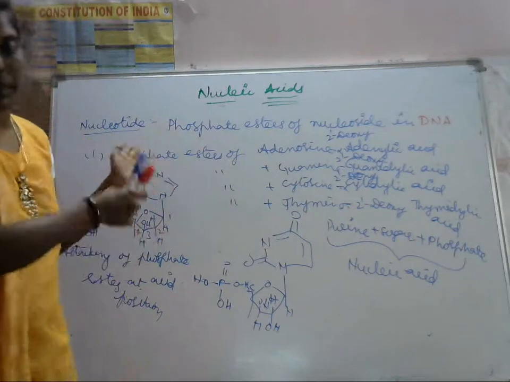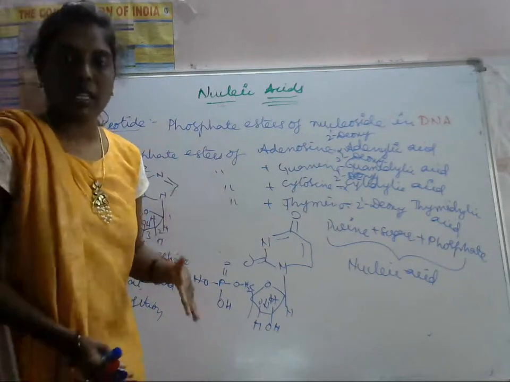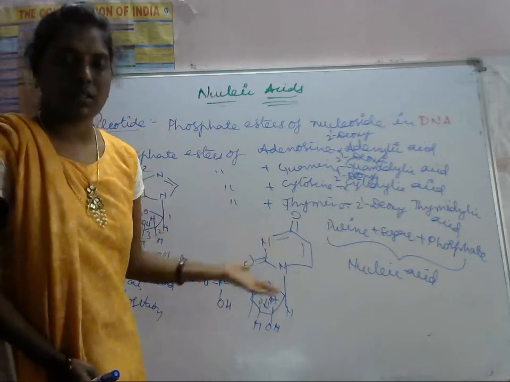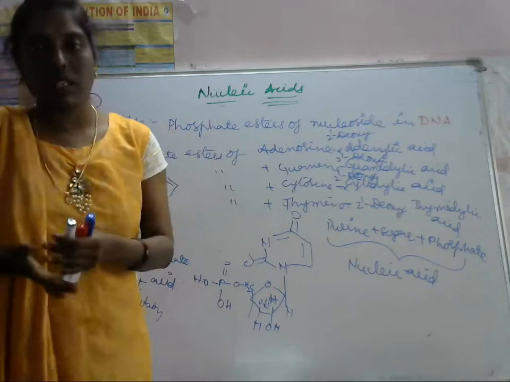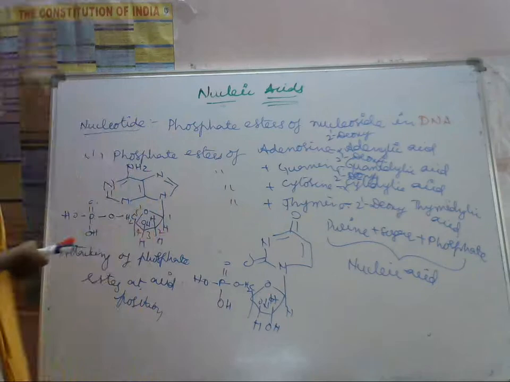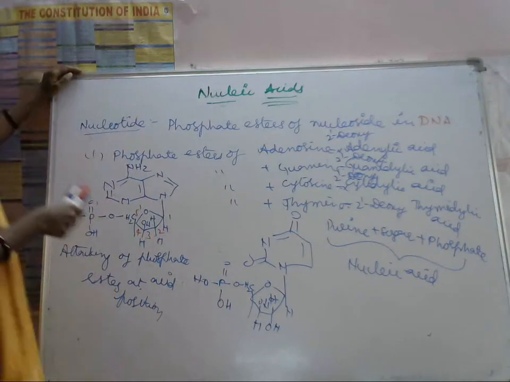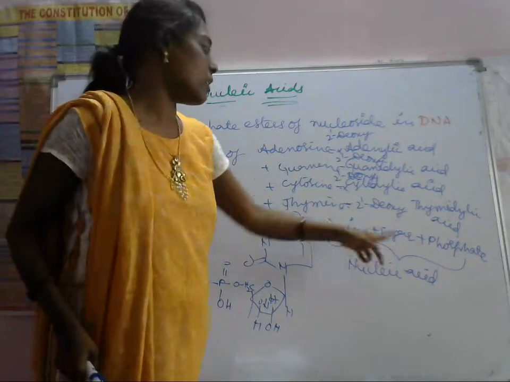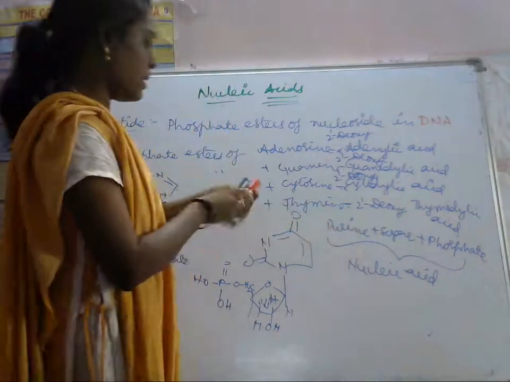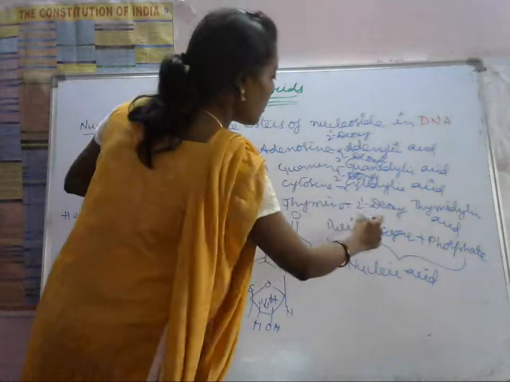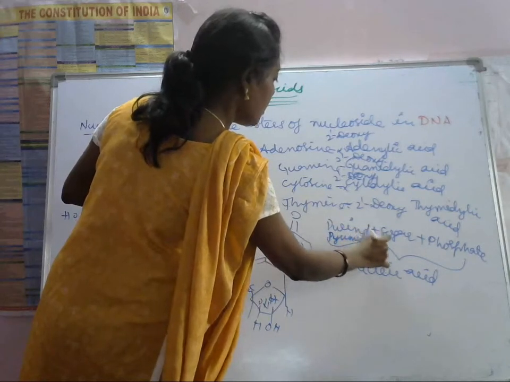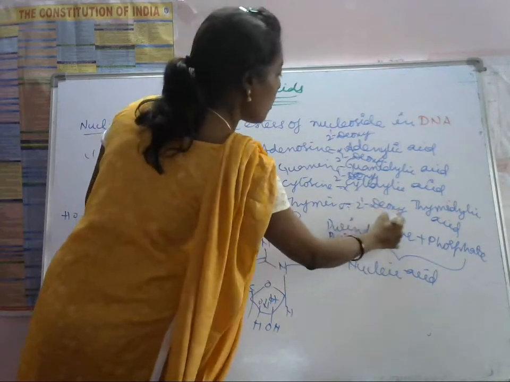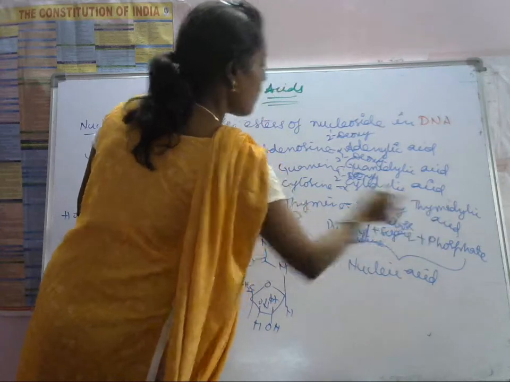Okay, the same structures will be there. If you remember one structure, if you remember the bases, it will be easy for you. Here also it is the same: purine or pyrimidine plus sugar, which is called ribose, and phosphate.